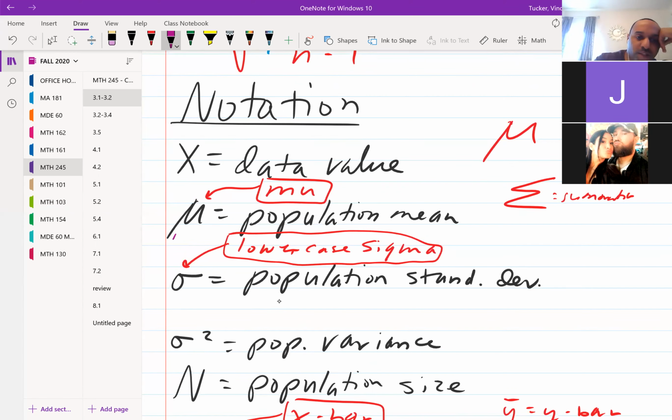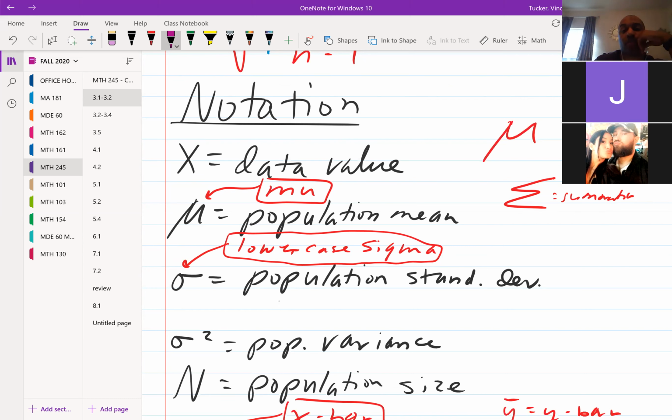We have this extended stem right here. When you see it in the book, you'll see that it's way different, but it is similar to a u, and it represents the population mean, the population average. Here, this letter o with the stem sticking out is lowercase sigma.